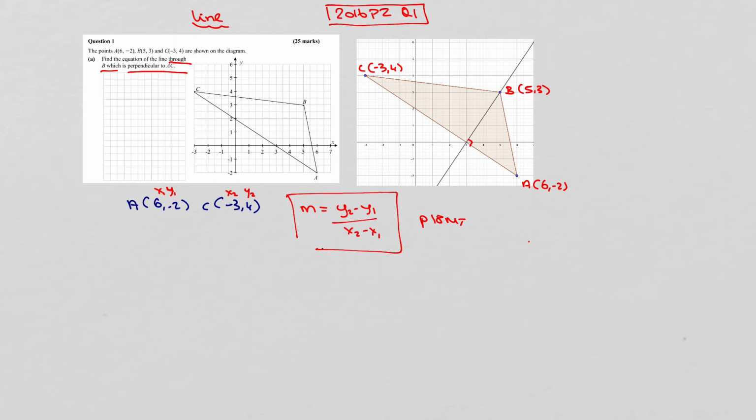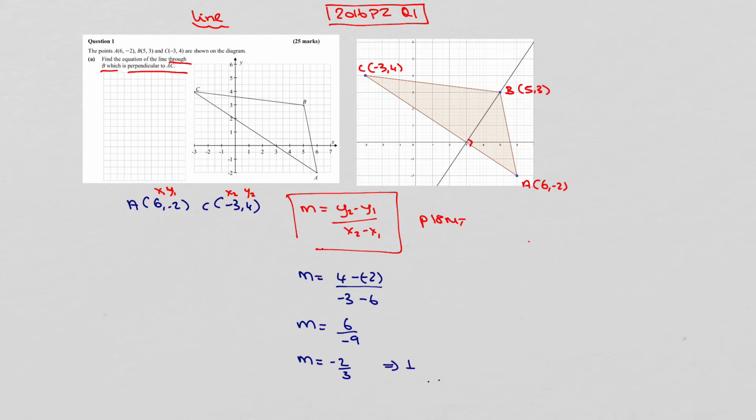So subbing in our values, we end up with y2 minus y1 over x2 minus x1, so that gives me 4 plus 2, which is 6, over minus 3 minus 6, which is minus 9. So my slope, therefore, is minus 2 over 3.